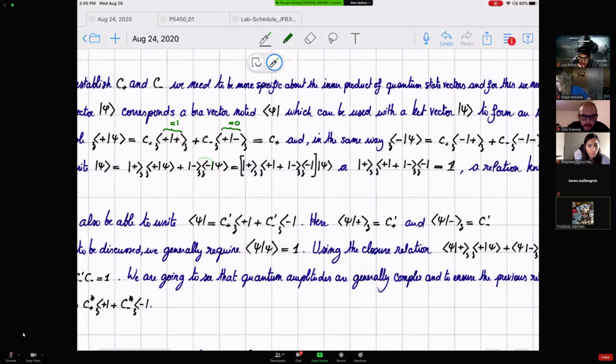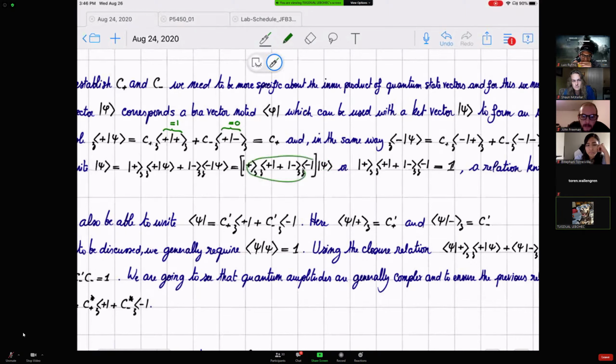So we have psi that is equal to the ket plus sub z times the bra plus sub z plus the ket minus sub z times the bra minus sub z, multiplying psi. So psi is equal to something that multiplies psi.